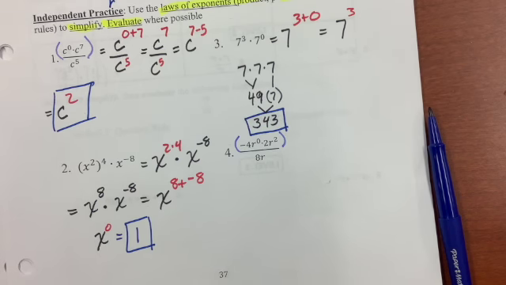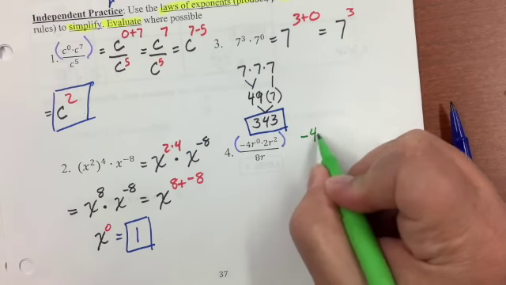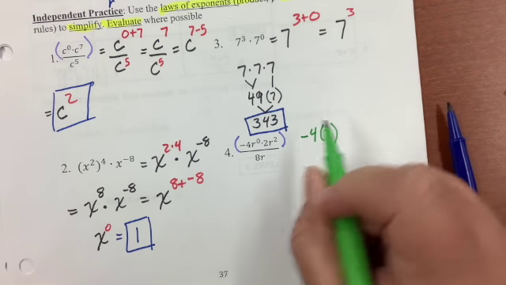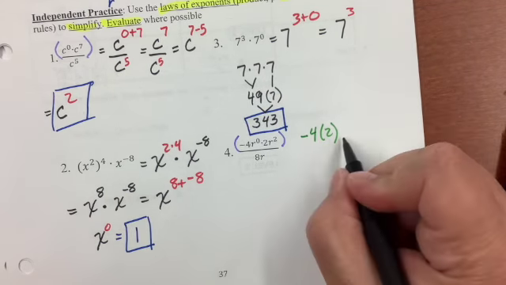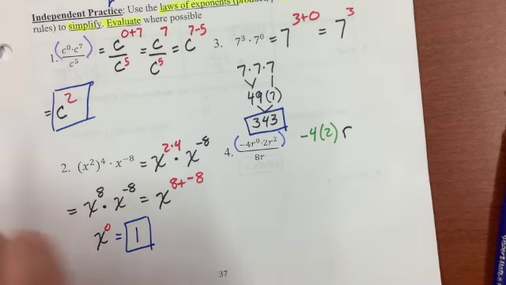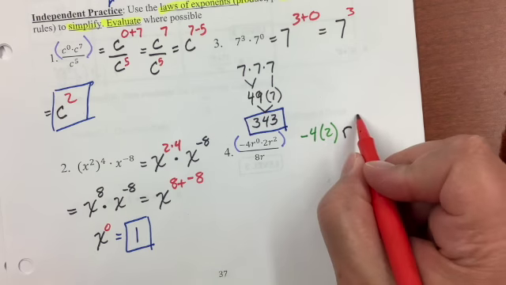All right, I start by multiplying the numbers on top, the coefficients. Negative 4 times 2. Then I'm going to keep the base r, and I'm going to add the exponents 0 plus 2.